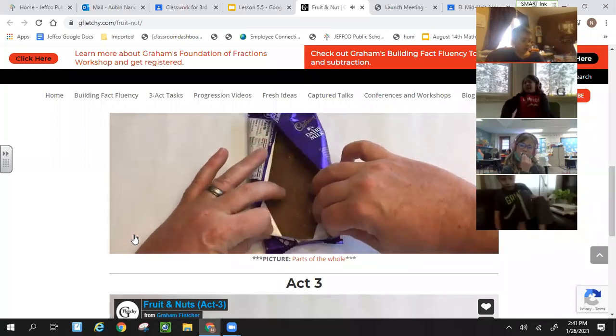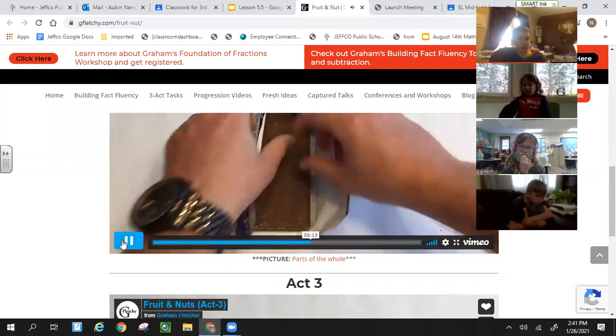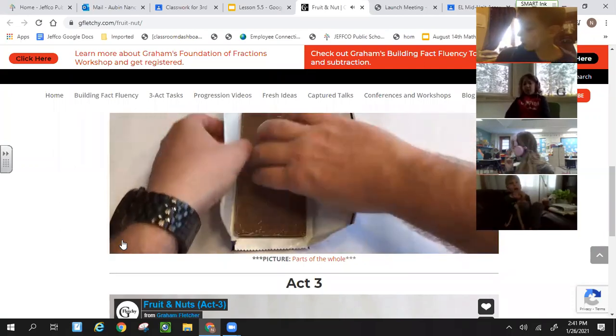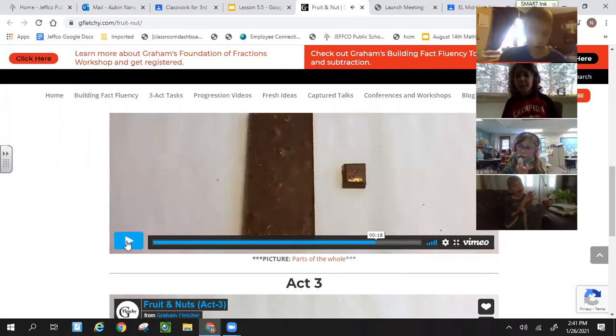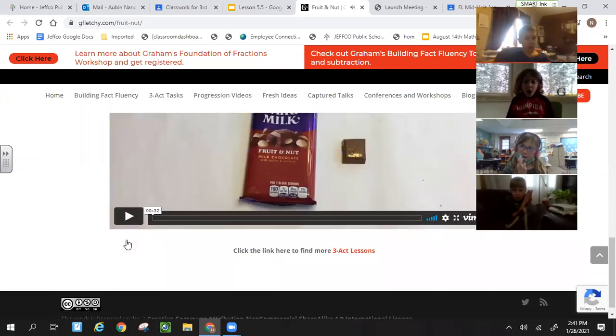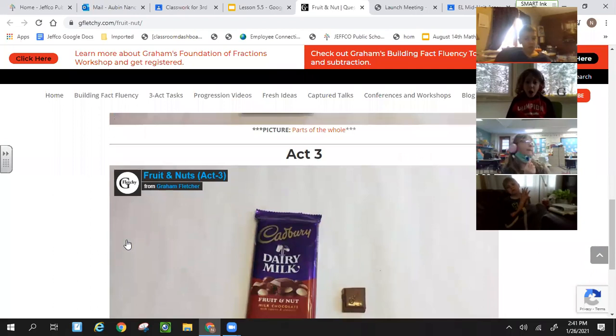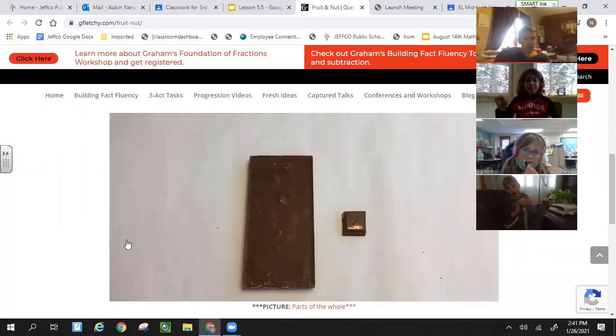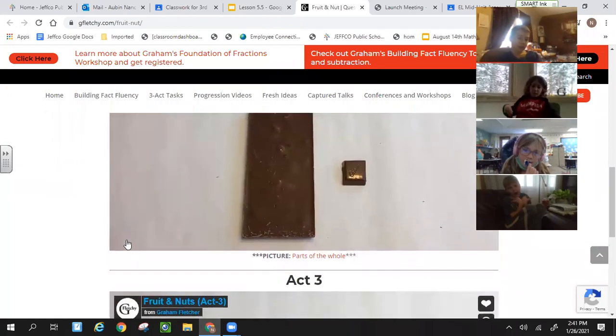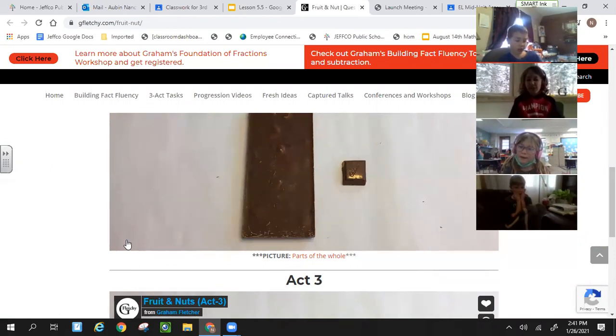Abby? Probably like 40. Okay. Anybody else before we move on? Lila? She's changing hers to 12. Marin? Keeping yours. All right. Here we go. Third act.